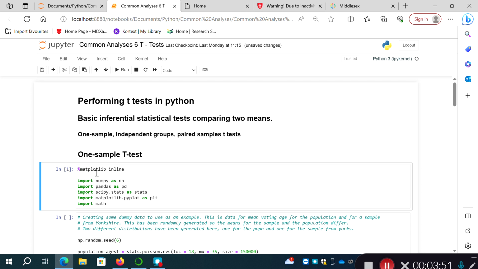You'll notice that there's this percent sign matplotlib inline. This is what's often referred to, I think, as a magic command when you're using these Jupyter notebooks. And I used to use it quite frequently, but less so now.